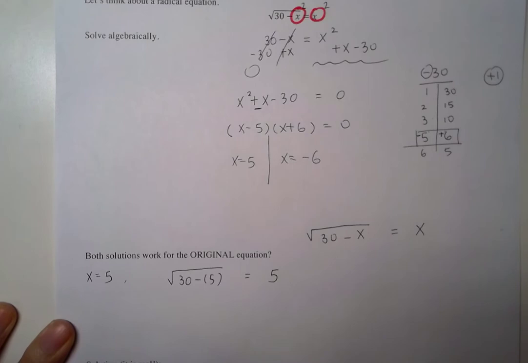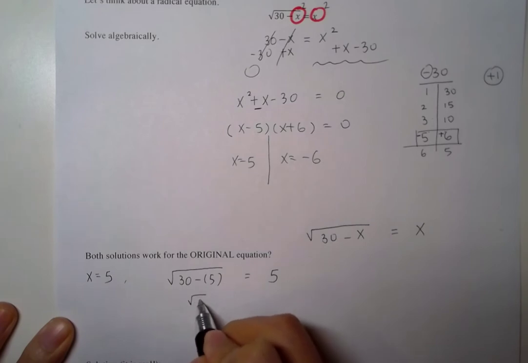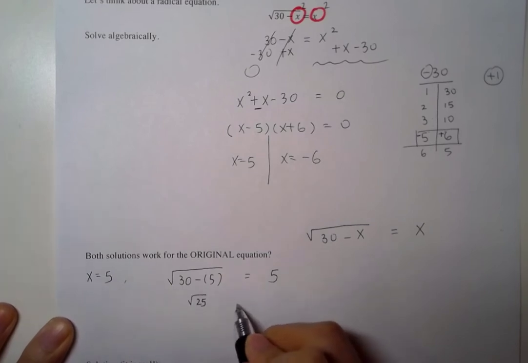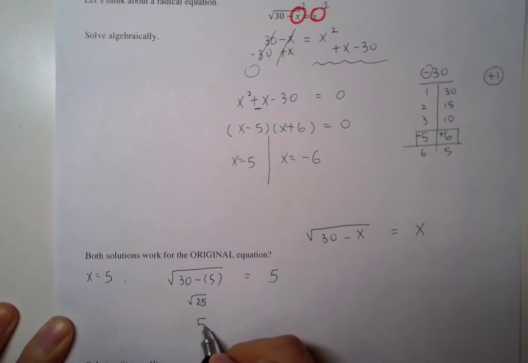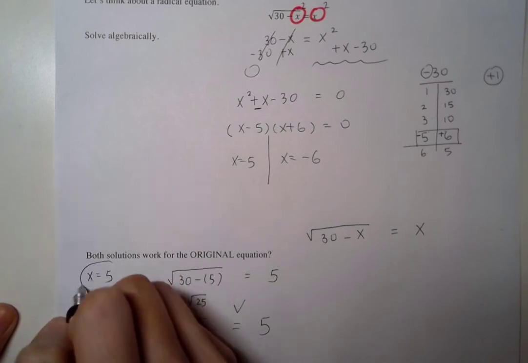I'm checking, is this correct or not, right? 30 minus 5 gives you 25, and what's the square root of 25? That's 5. So my left side is 5 and my right side is 5. So yes, that works. So this is my solution.